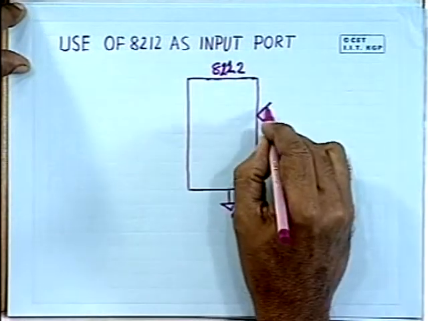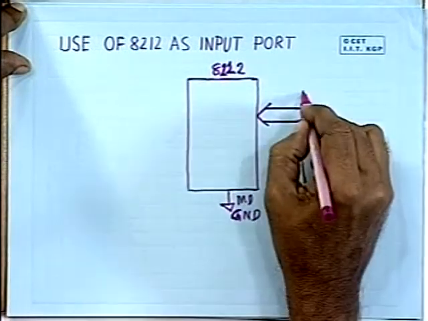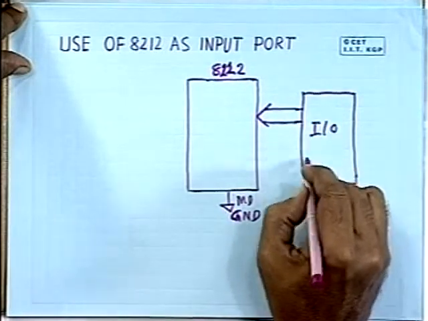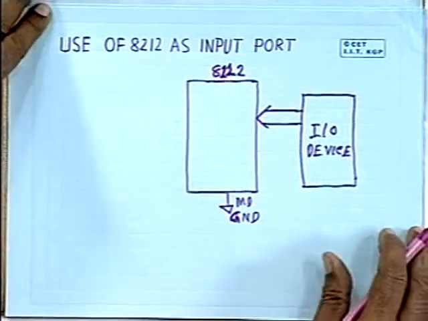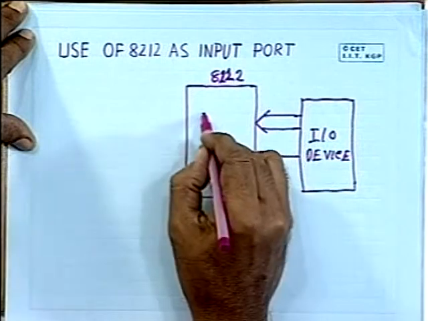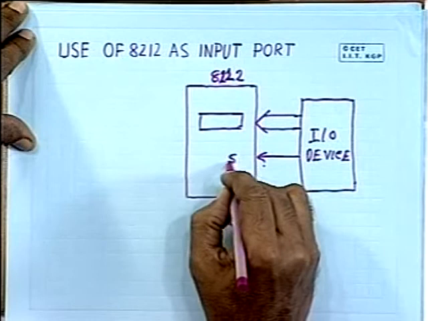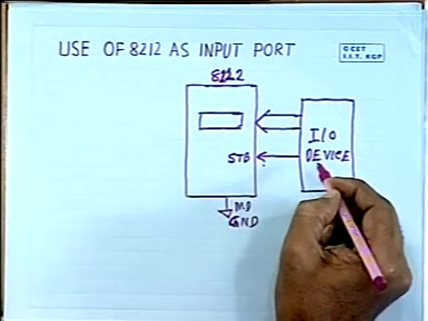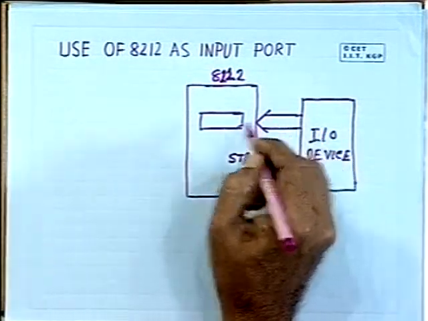So, in this case it is acting as an input port, and this is connected to the IO device. In this particular case, whenever it is acting as an input port, data into this data register is latched with the help of the strobe input. It has got a strobe input, and whenever the strobe signal is generated by the IO device, the data from this IO device is latched into this data register.